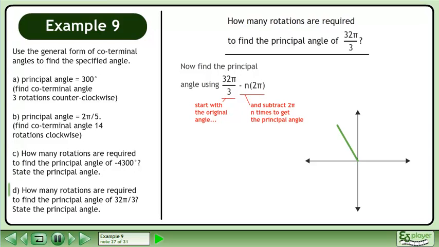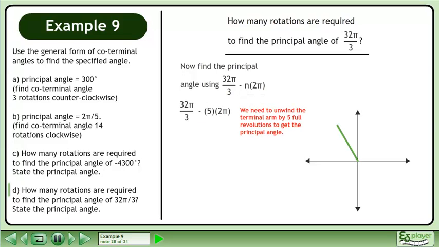Now find the principal angle using 32 pi over 3 minus n times 2 pi. Start with the original angle and subtract 2 pi n times to get the principal angle. Rewrite the expression and plug in 5 revolutions for n. We need to unwind the terminal arm by 5 full revolutions to get the principal angle.